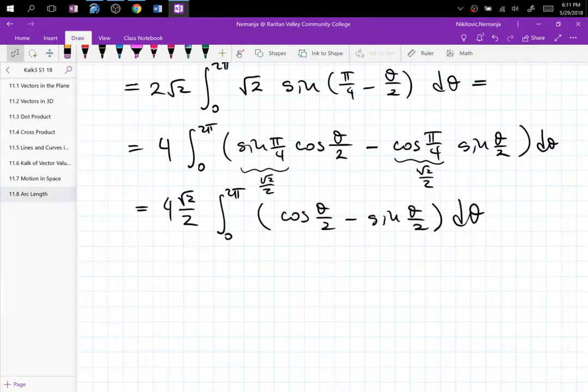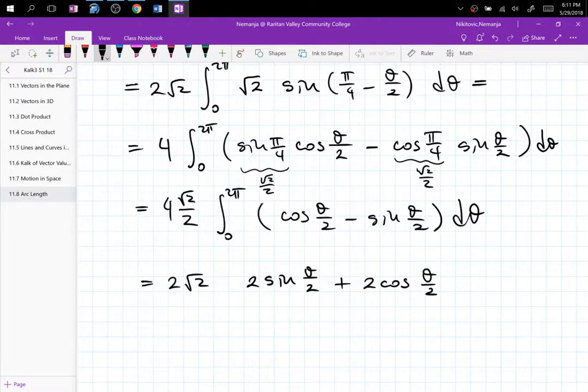Now these cancel, so you have 2 root 2, back to that. Integral of cosine of theta over 2: the integral of cosine is sine, so this is going to be 2 sine theta over 2 plus 2 cosine theta over 2 when I integrate from 0 to 2 pi.